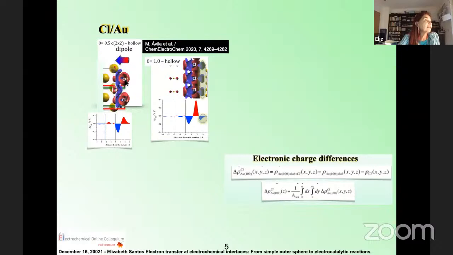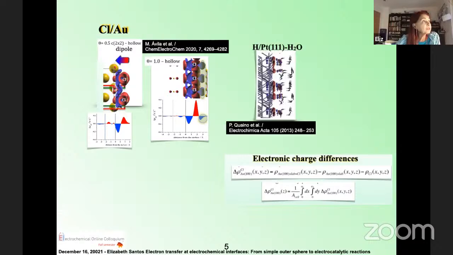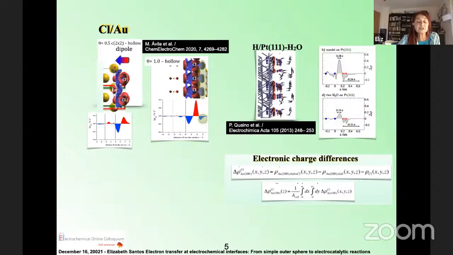And we don't see the chloride having a -1 charge. When the coverage increases, there is a more complicated distribution of the electronic charge. We have here a depletion, and the interaction is in some way screened between the adsorbates. If we now put in the solvent, this electronic distribution is still more complicated.